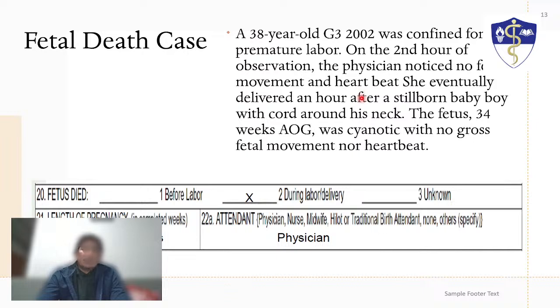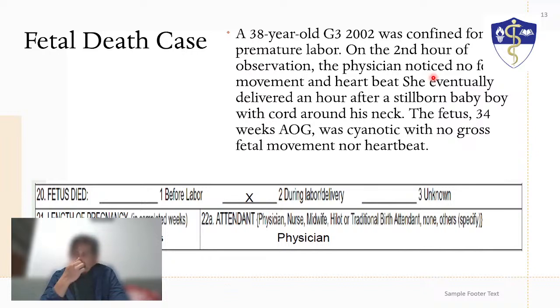But if not, since this is a G3, P2, she was probably brought to a lying-in, where a midwife or a trained health worker may have seen this but did not identify that this could still have been an emergency.